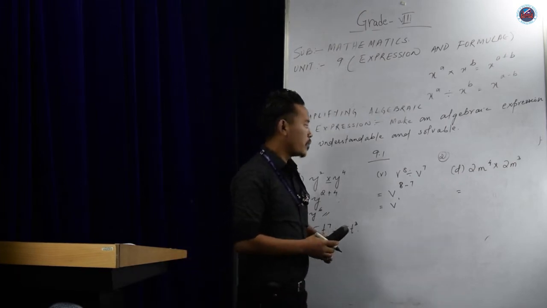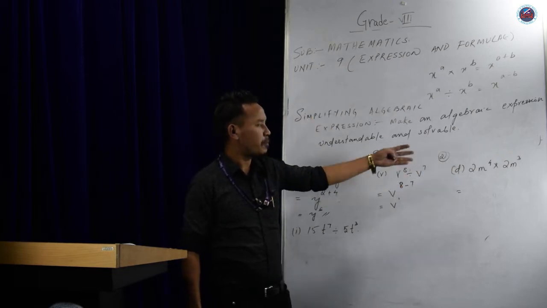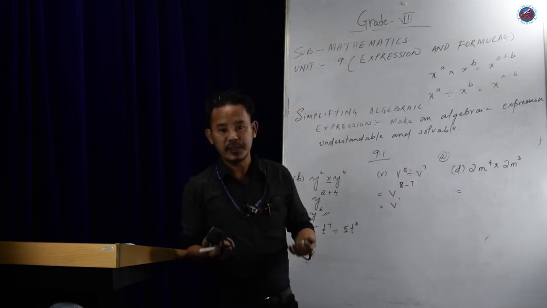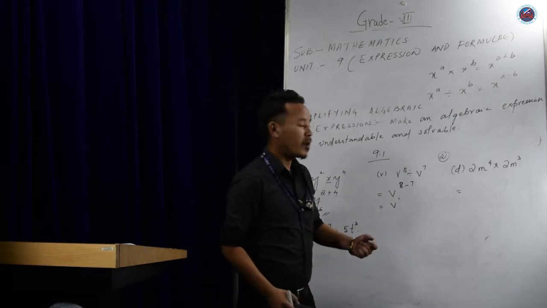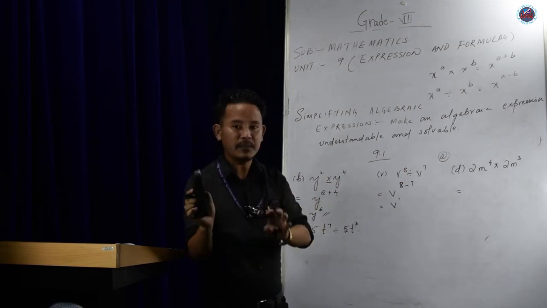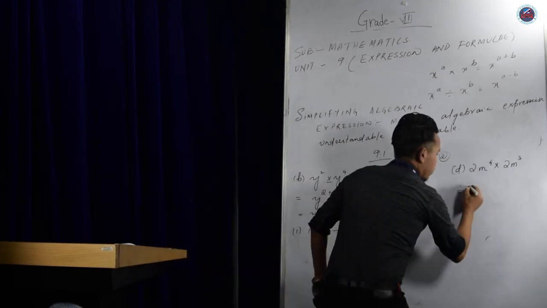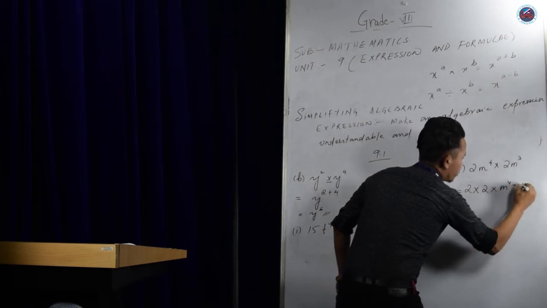Moving on to the next one, we have 2m to the power 4 into 2m to the power 3, that is, 2m to the power 4 into 2m cubed. Let's separate the numbers and bring the variables together: 2 into 2 into m to the power 4 into m cubed.